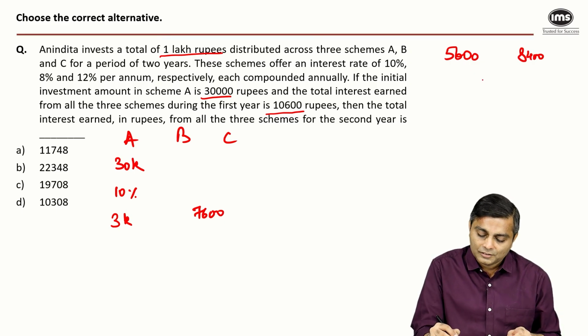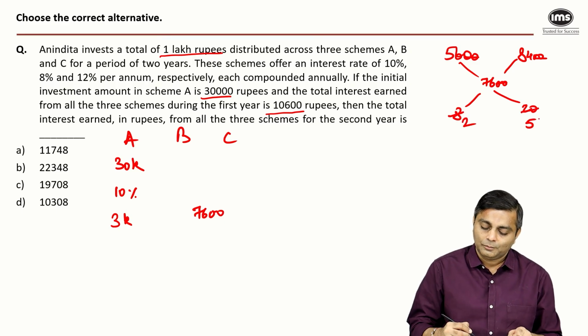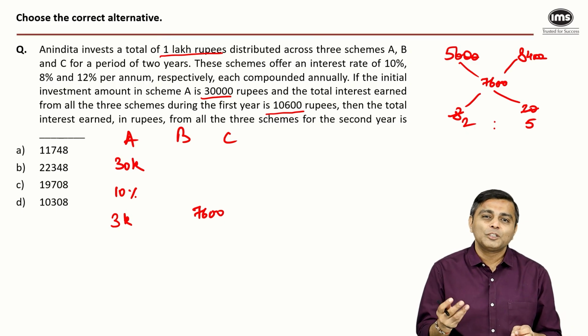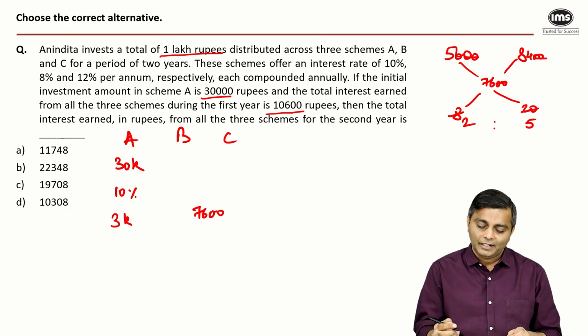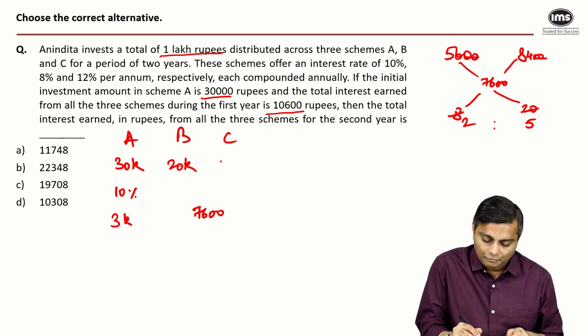In fact, all of them have zeros, so we can simply get rid of them. So 84, 76, 56. 84 minus 76 is 8, and 76 minus 56 is 20. The difference is 8 on one side and 20 on the other. We can simplify this: 8 is 4 two times and 20 is 4 five times. So a 2:5 ratio thankfully came out simple, which means 70,000 has to be divided as 20,000 and 50,000.